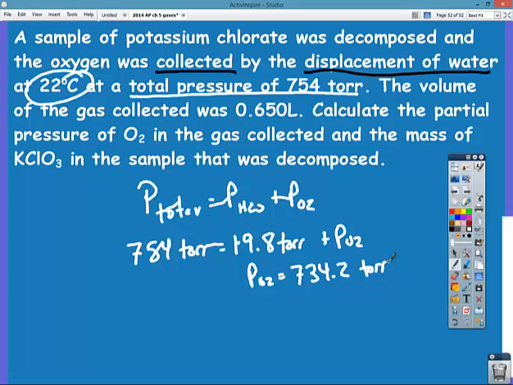But it doesn't just want to know our partial pressure of oxygen. It also wants to know how much KClO3 decomposed. Which means we need our equation. So I go ahead and predict the products of potassium chlorate.